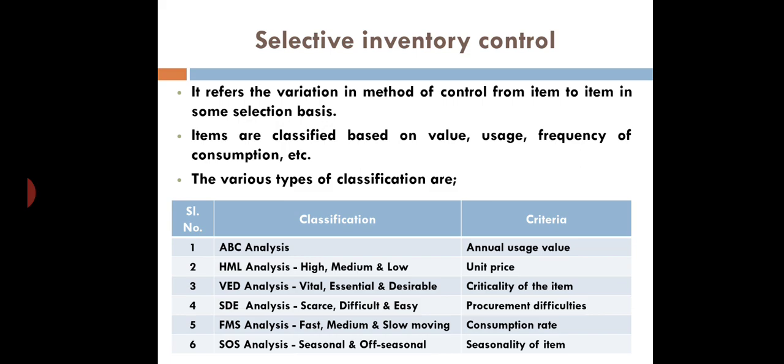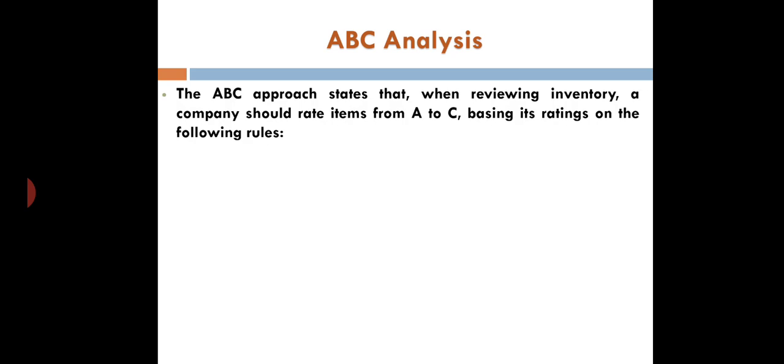Only very limited control is required. But if your value is very high, suppose a component costs you lakhs, or many thousands, then definitely you need to control its overall cost. So for that, first we can analyze using ABC analysis.